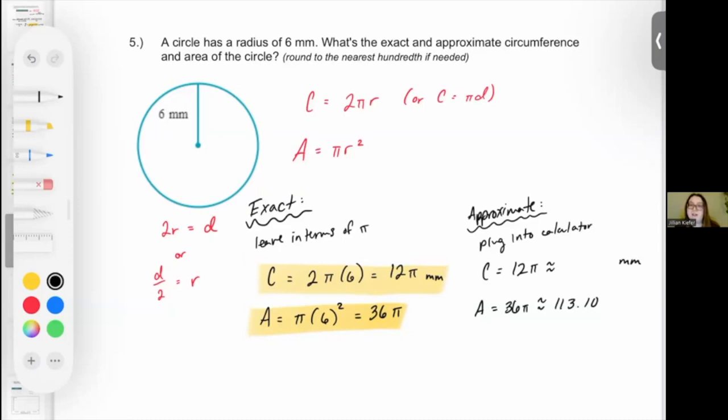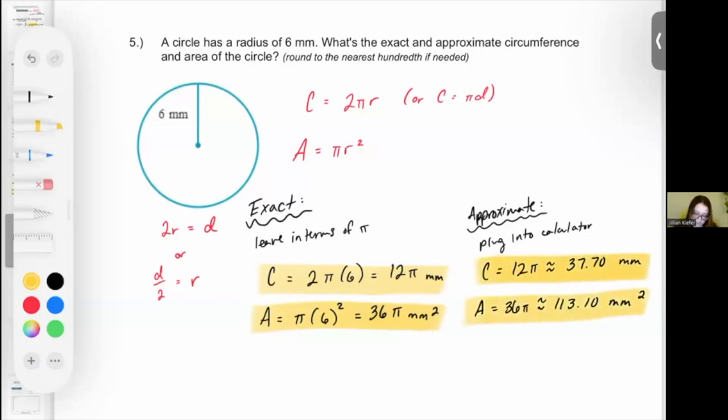And when we calculate area, we took the value of our radius and we squared it, meaning that it will have the units of our radius squared. Same thing over here. This would be millimeters squared. Then for our circumference, which we said was 12 pi, 12 times pi in our calculator should be 37.70. That is the actual value of circumference and the area. You plug them into your calculators correctly.